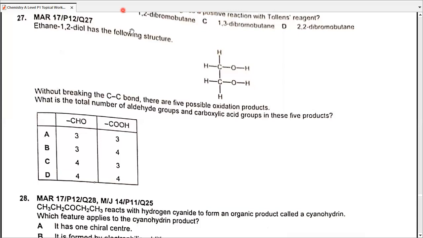Do you think these are 5 products? These are 4 then. Then think again. Actually, try to think out of the box.